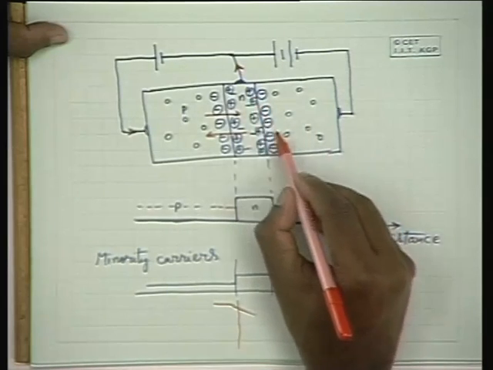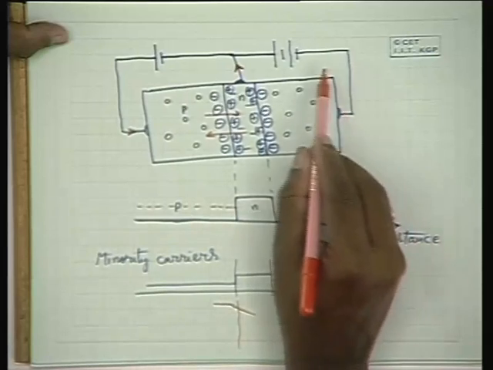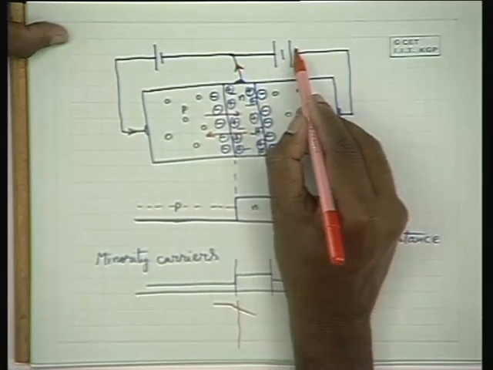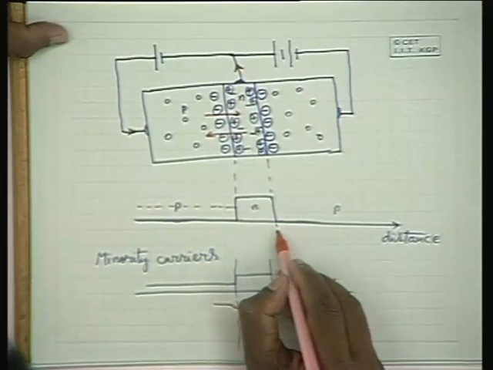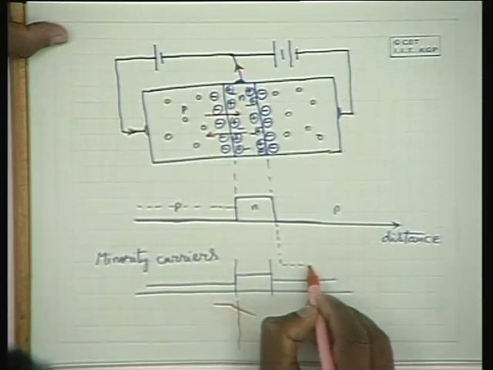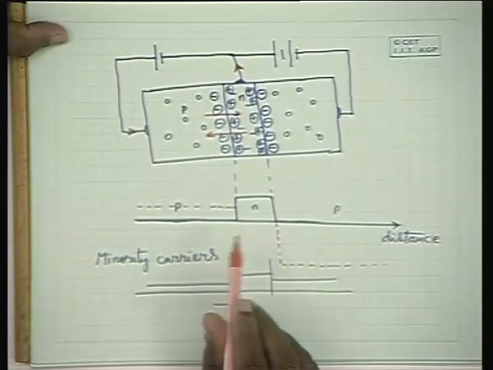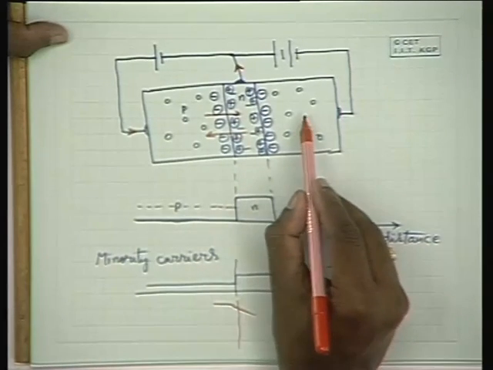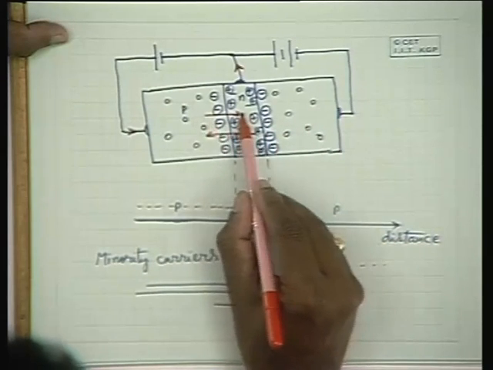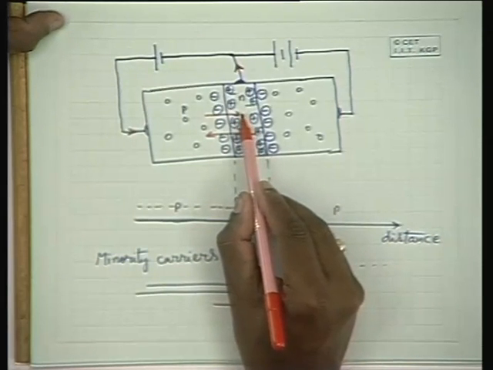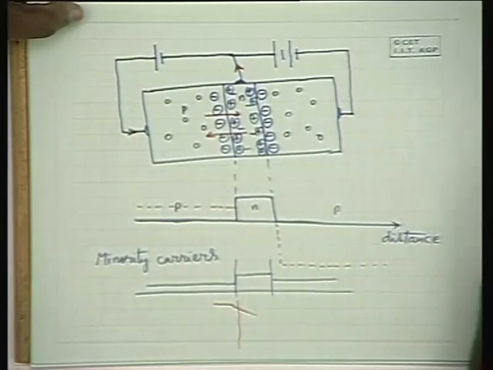Because you have the potential gradient of the opposite type here, and this p side is biased with a negative potential. As a result, this p side has a potential which is very low compared to the base potential. So because of this negative potential on the p side, the holes which are injected into the base get accelerated or drifted into the collector p side.